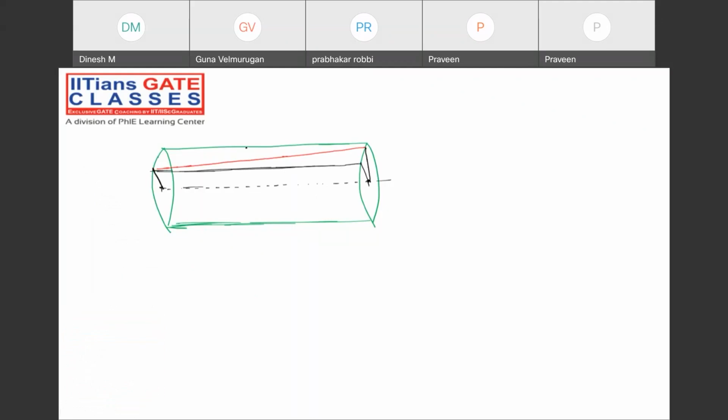Now I'm taking one more cross section, something like this. Let me know whether you have understood the things correctly with respect to the figure which I am showing you right now. With the figure, you should be able to get the answer to what I was trying to say.